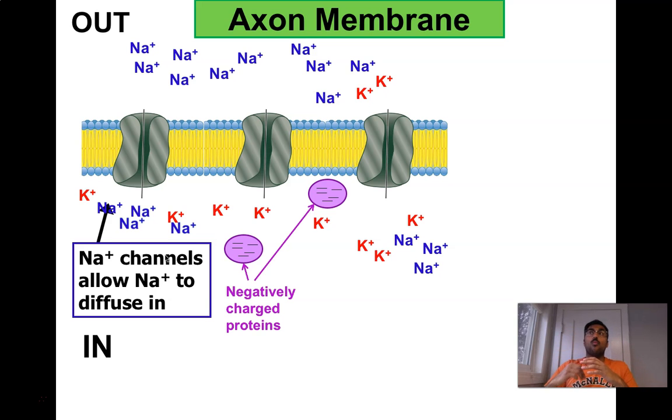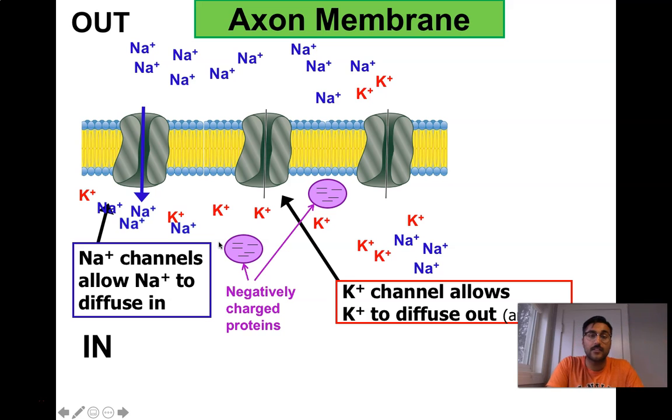And then an action potential won't actually occur, or a full signal won't propagate down the length of that axon, until it reaches positive 40 millivolts, which is the critical point where a signal actually gets transmitted. So sodium keeps rushing in, and the membrane potential keeps increasing in positivity.